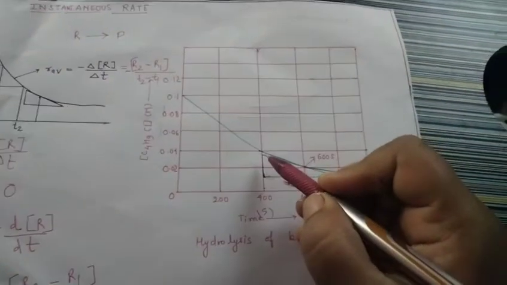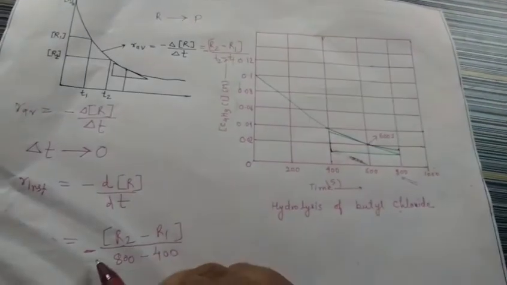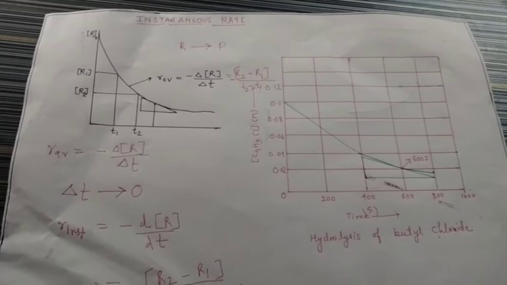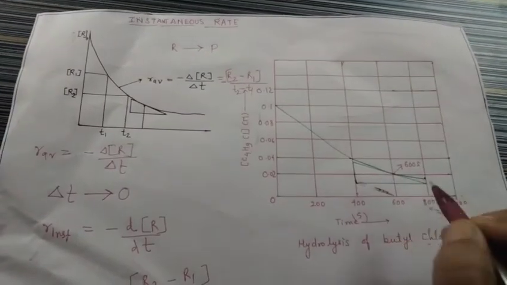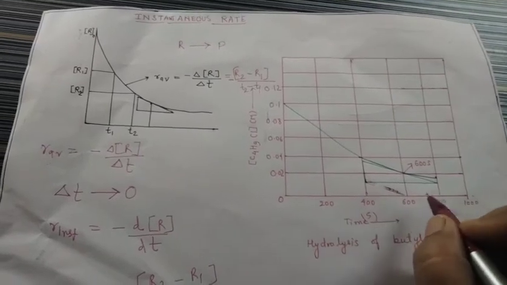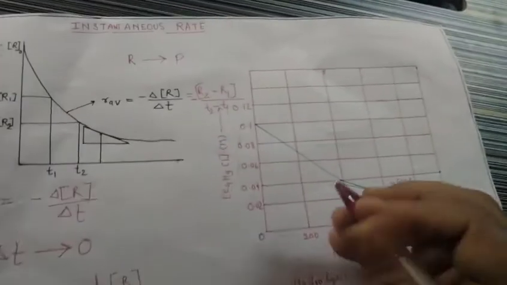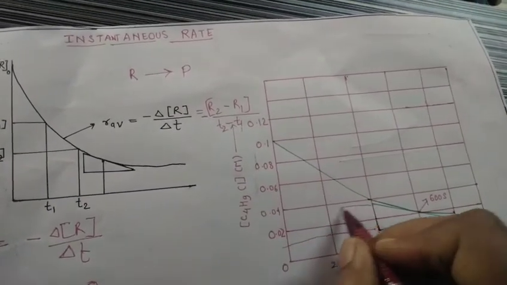In this way you can find out the instantaneous rate of reaction for a particular moment. We will take this time minus this time, and this concentration minus this concentration. I am making it here like this.